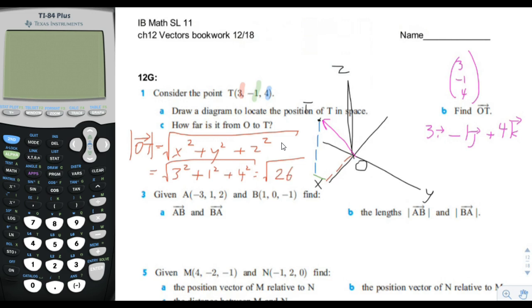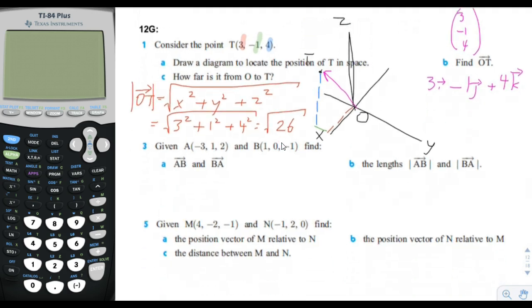Okay. Given the point A (-3, 1, 2) and the point B (1, 0, -1), find AB and BA. The way you find AB and BA looks kind of like the same thing, but one's in one direction, one's in the other.